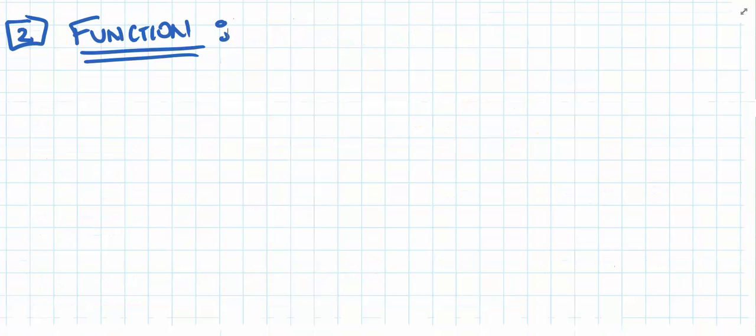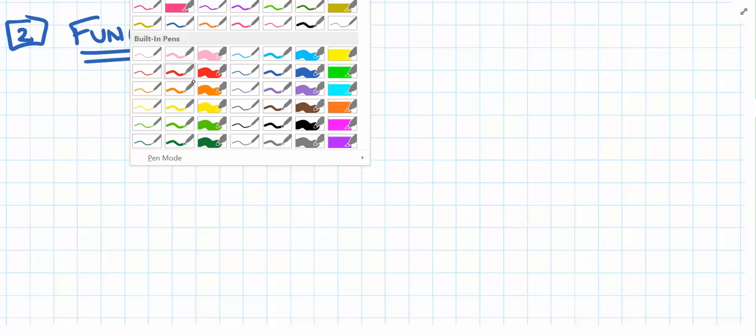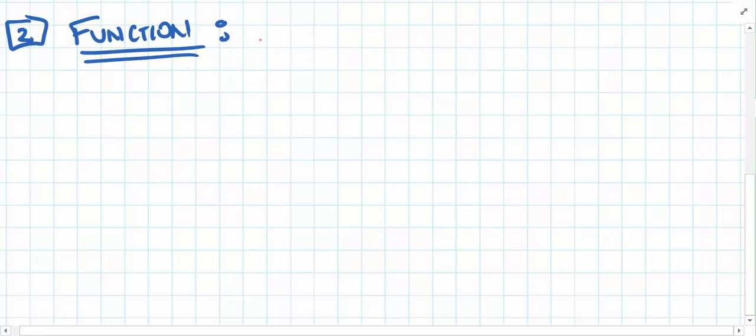So for us then, if we have domain, range, and relation, then we can define the word function using those three words. The working definition that we're going to use is: a function is a special relation. Remember, a relation is just an ordered pair.